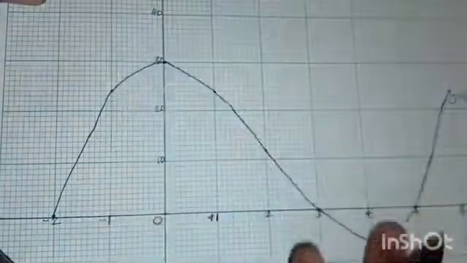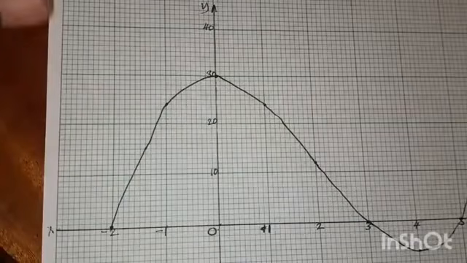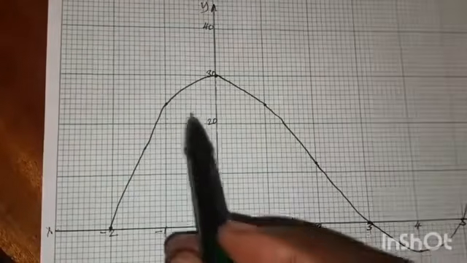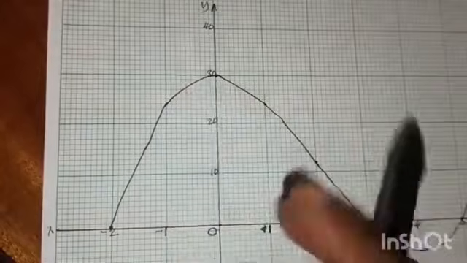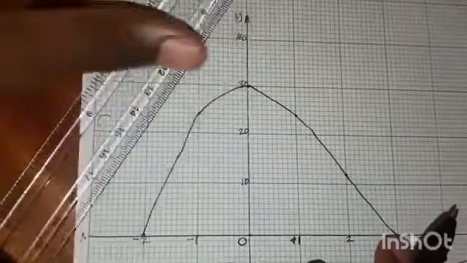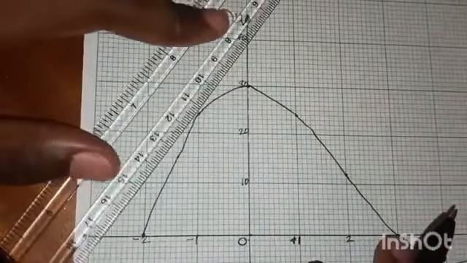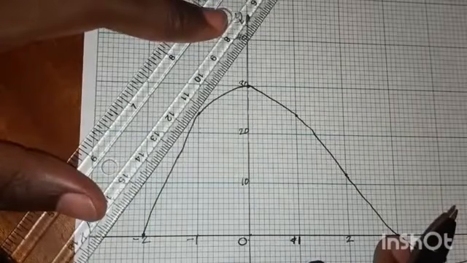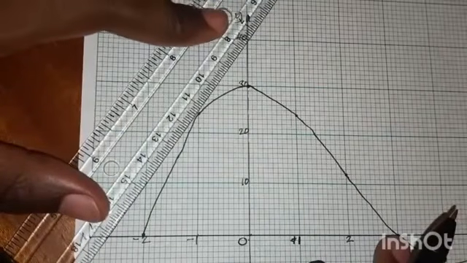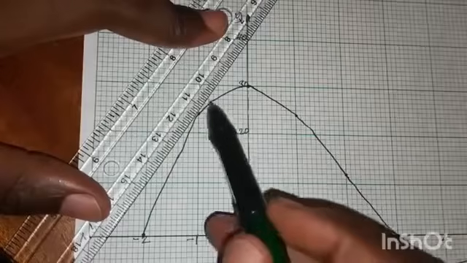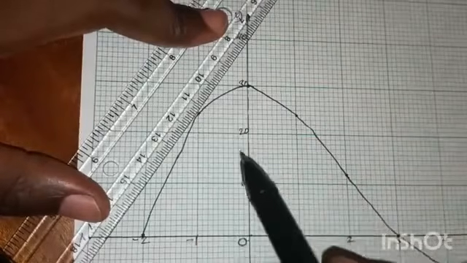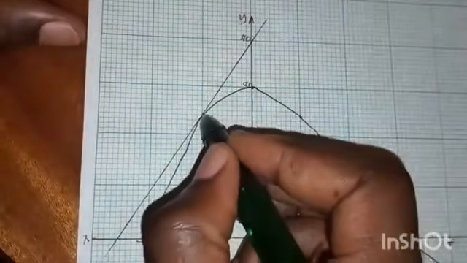So to do that, we are going to draw a straight line that is going to touch this point here. You draw a tangent which is going to touch this point here. All right, so the point is this one.